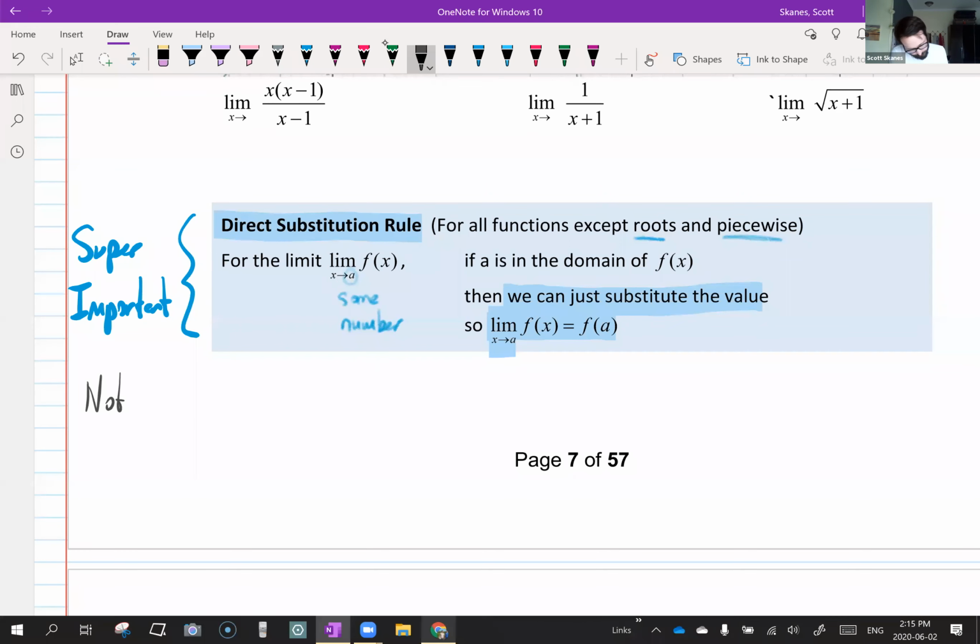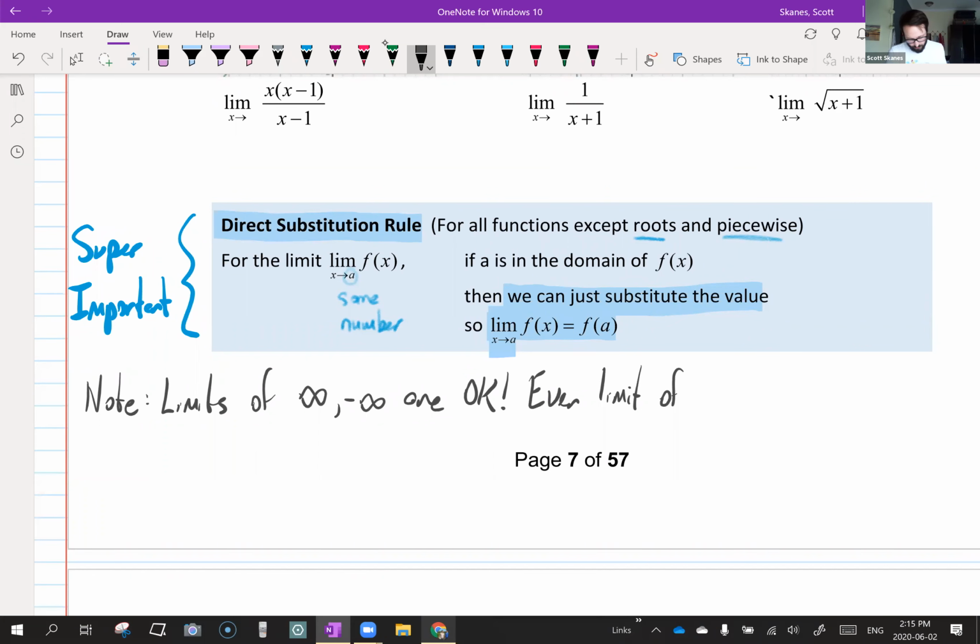Note, and this is an important note, so write it down at some point. If we get limits, like we saw earlier, limits of infinity and negative infinity are okay. Those are okay answers. We're allowed to get answers that give us infinity. Even a limit of 1 over 0 is actually okay.